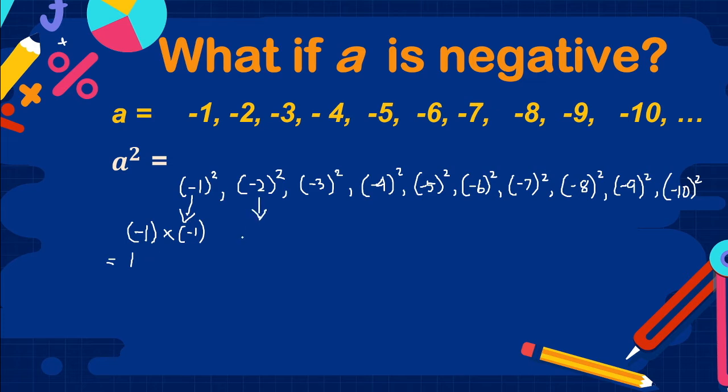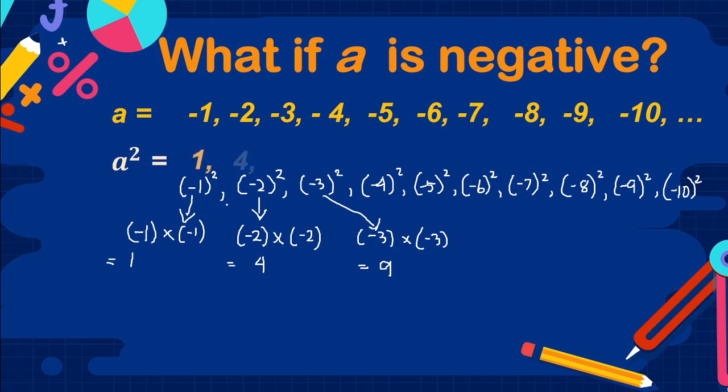Negative 2 quantity squared means negative 2 times negative 2, so the answer is positive 4. Negative 3 times negative 3, the answer is positive 9. Okay, so negative 1 quantity squared is 1.